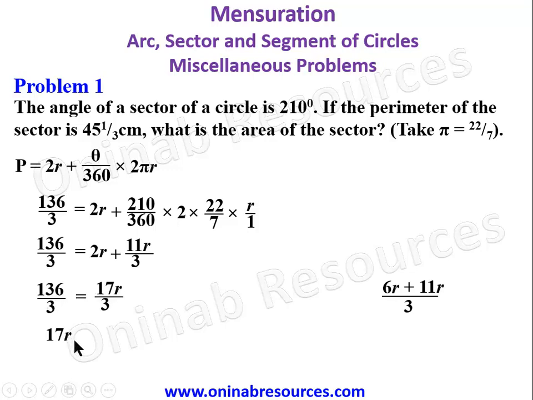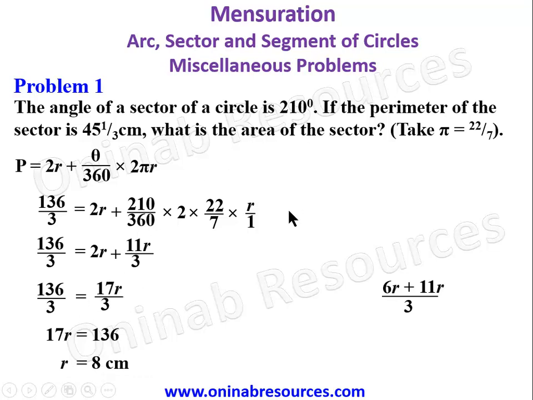So we now have 17r is equal to 136. To get the value of r here, we divide both sides by 17. We'll be left with r. 136 divided by 17 gives 8 centimeters, which is the radius of the sector of the circle.